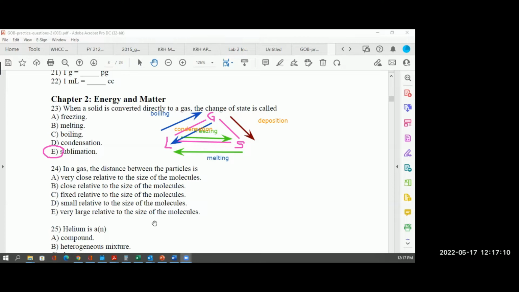Think about how a gas is going to look in terms of the molecules. Would it be E? E is correct.